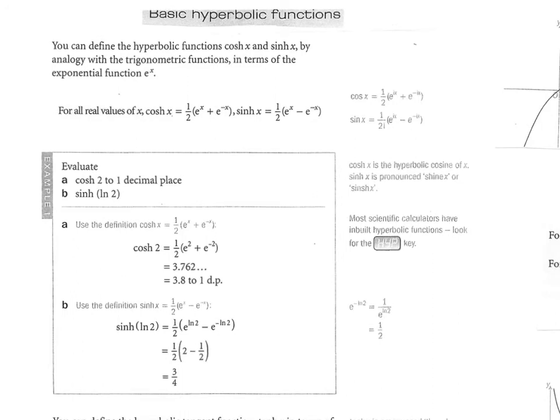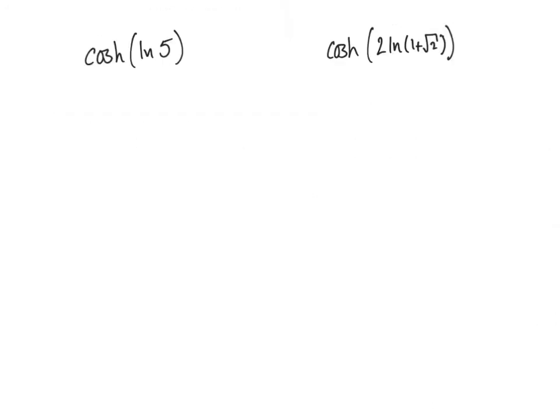And we need to know how to use those definitions. So, for example, if I have cosh of log 5 and I'm asked to do this without a calculator, which you may well be asked to do, I know that cosh is a half of e to the power of whatever this is, so it's log 5, plus e to the power of minus x, or in this case, minus log 5.